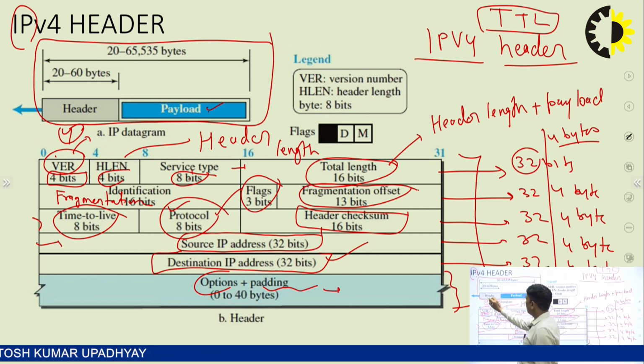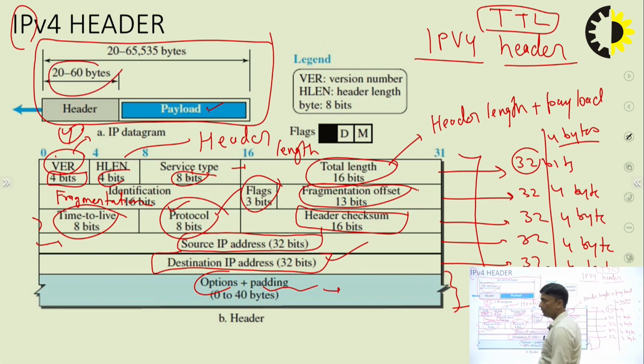As we know, the size of the header is 20 to 60 byte. Why 20 to 60 byte? Because there are 5 mandatory rows, each of 4 byte. So 4 into 5, how many bytes? 20 byte.